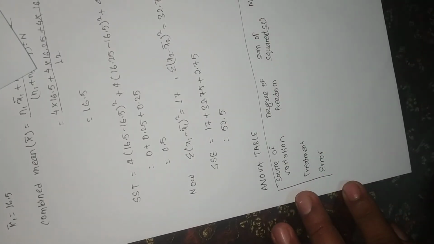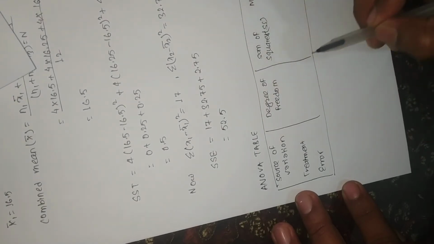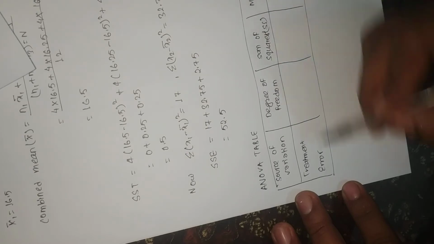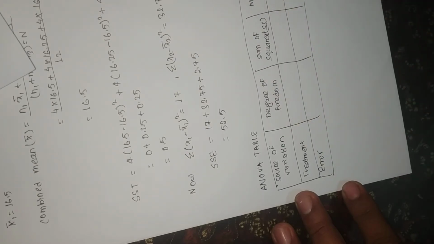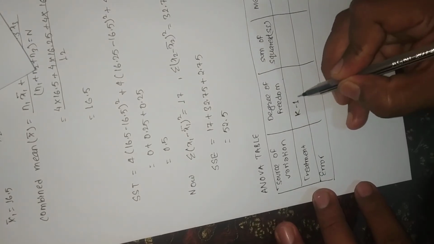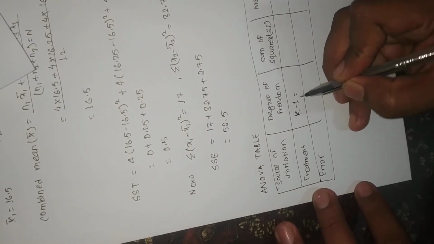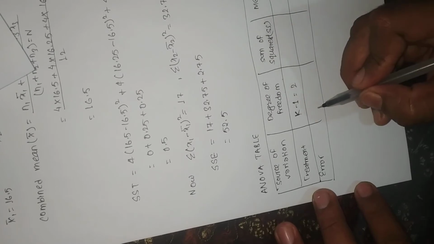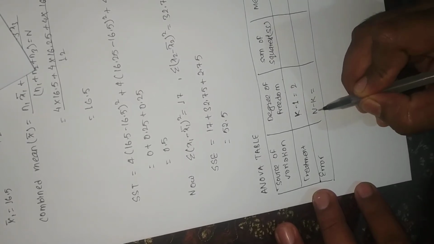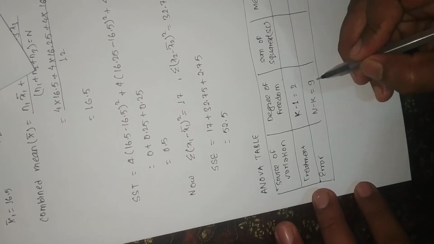You can make the table like this. The degree of freedom is k minus 1, where k is 3, so 3 minus 1 is 2. Then n minus k is 12 minus 3, which is 9.